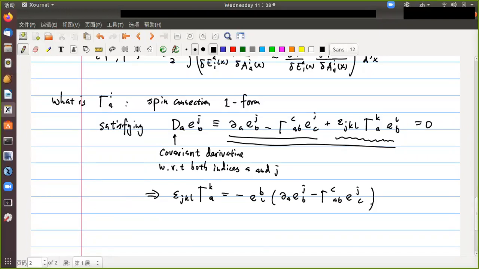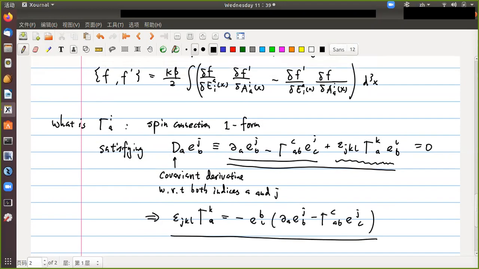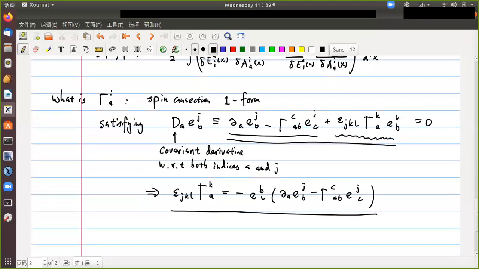Then you can view this formula as a definition of gamma, or this formula is the definition of this gamma IA, the spin connection one form. And you can just apply this definition into the definition of the Ashtekar-Barbero connection, and then you get the explicit formula.